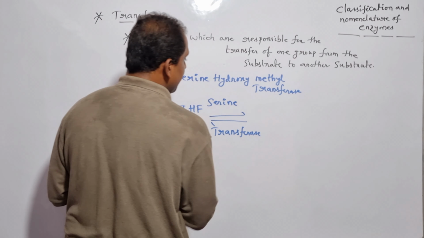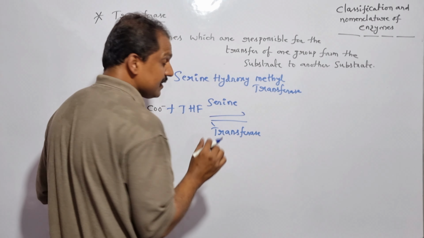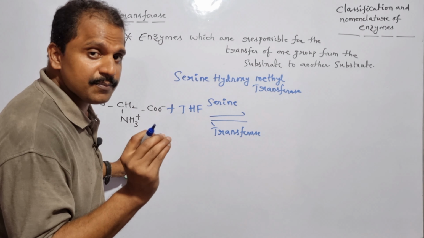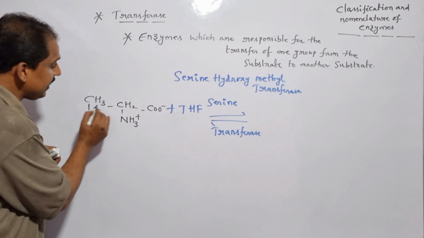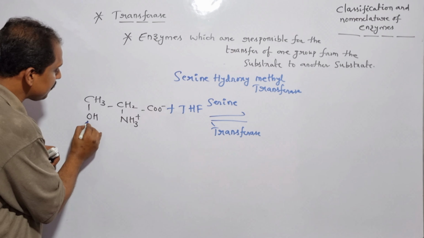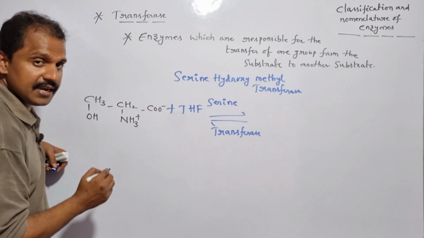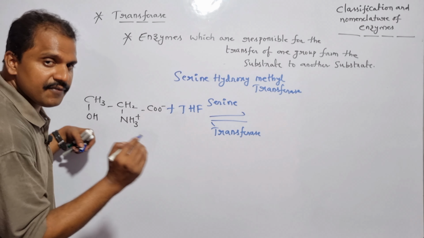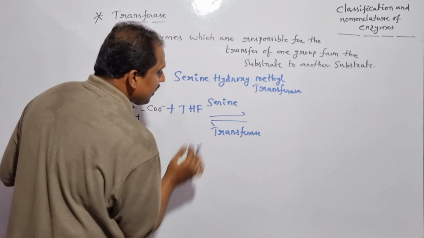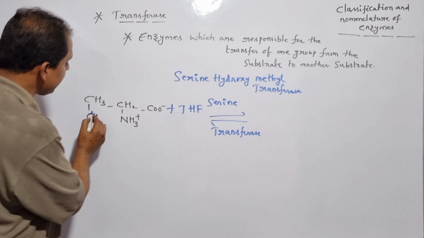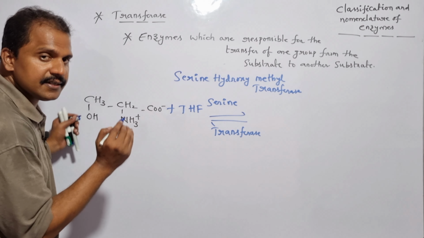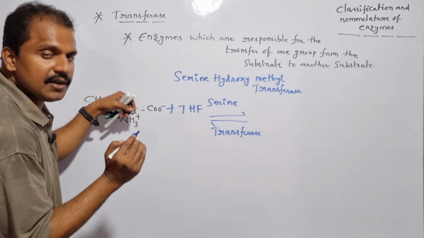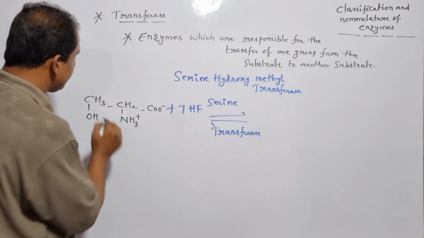So here the particular serine hydroxymethyl transferase is the enzyme which is responsible for the transfer of the methyl group. Initially the methyl group is in association with the hydroxyl group of the serine amino acid. But in the presence of serine hydroxymethyl transferase, the methyl group which is in association with the hydroxyl group of the serine amino acid successfully transfers to tetrahydrofolate.